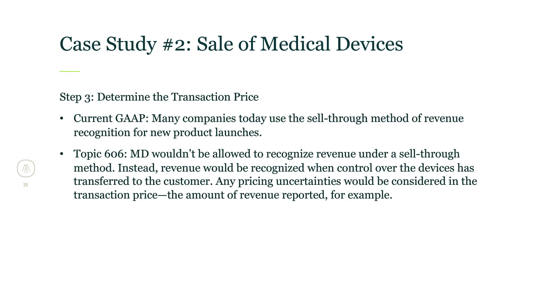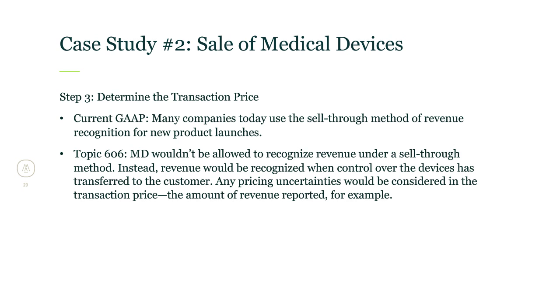So in this situation, the probability weighted method or most likely outcome would come into play when determining your total transaction price, which is a factor of what your ultimate selling price is going to be on a per unit basis for each device. So again, as mentioned before, estimates would need to be updated for each reporting period and revenue accordingly trued up.